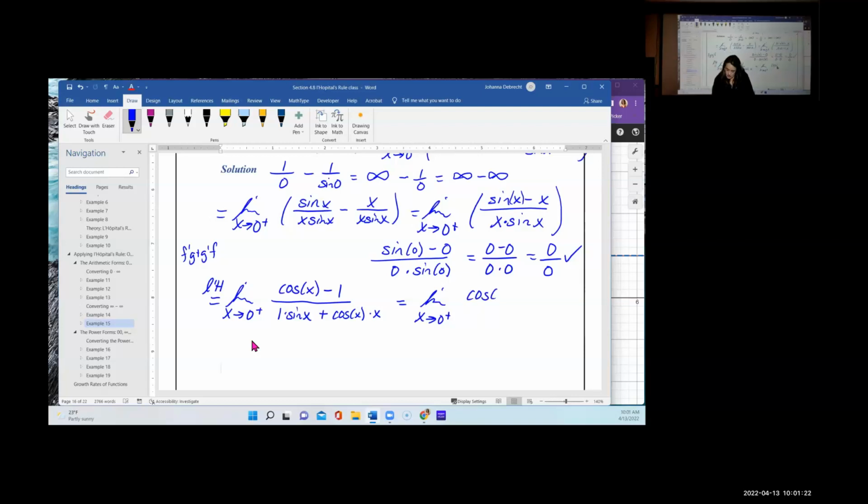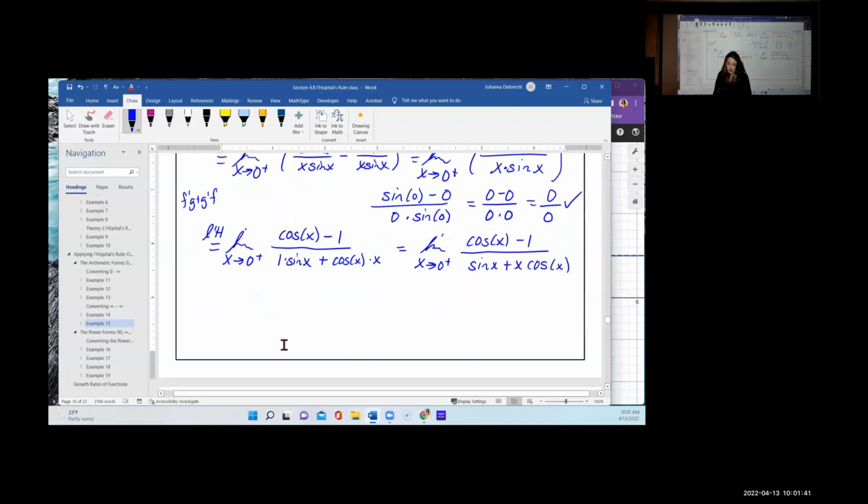So we have cosine of x minus 1, or you might write it as -1 plus cosine of x, over sine of x plus x cosine of x, right? So I applied L'Hopital's rule, and I've done a little bit of algebra to simplify. What should my next step be?